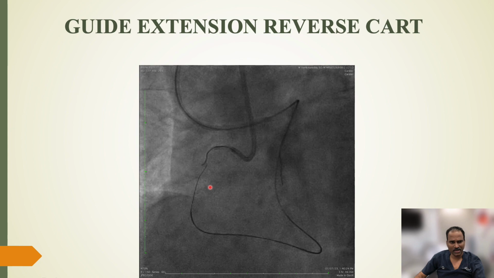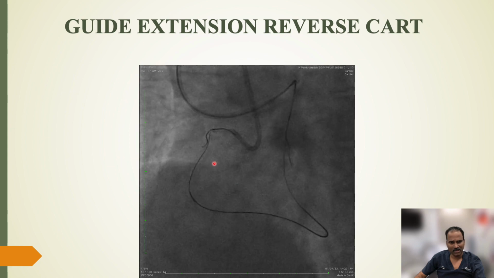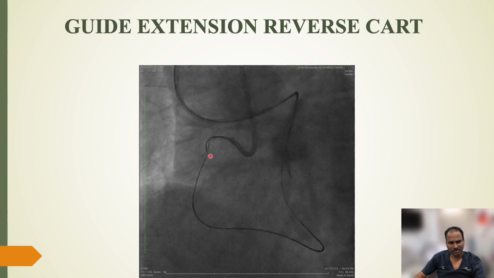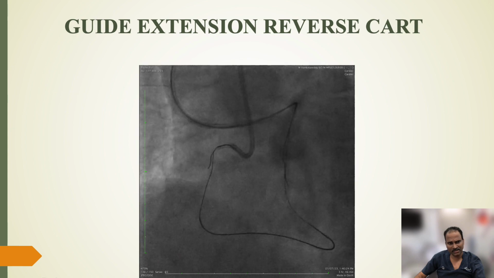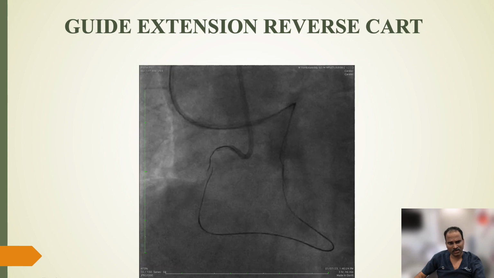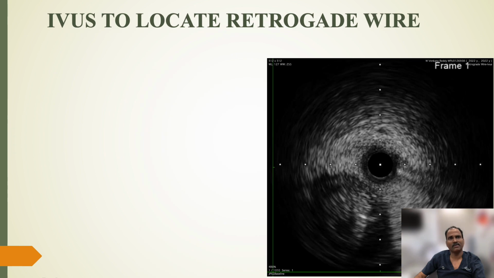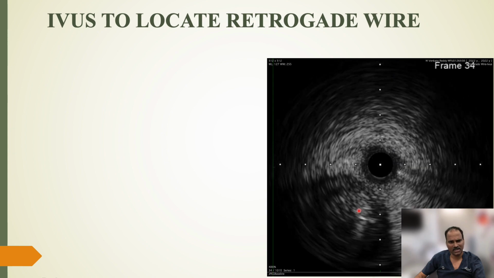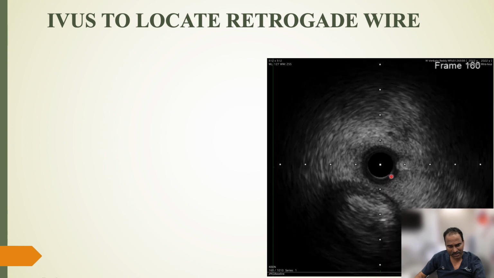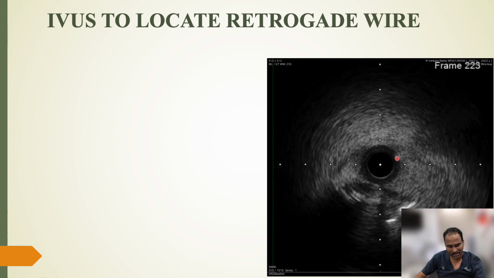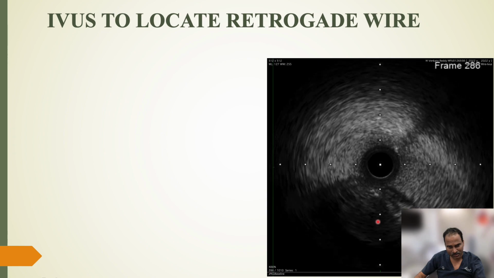But despite repeated efforts, I was not able to bring the wire back into the antegrade guide extension. So that's when I thought, okay, let's do an IVUS just to understand the relation of the antegrade wire to the retrograde wire, and you can appreciate here. This is the antegrade subintimal space which was created, and this is the antegrade wire, and this is the retrograde wire.